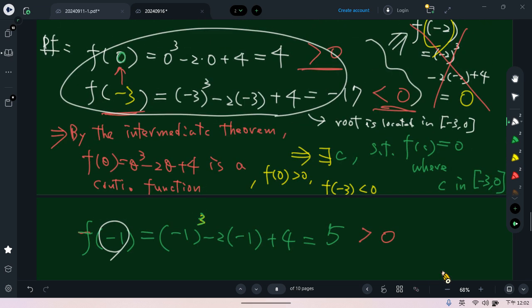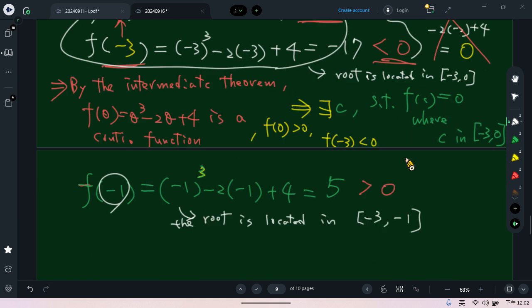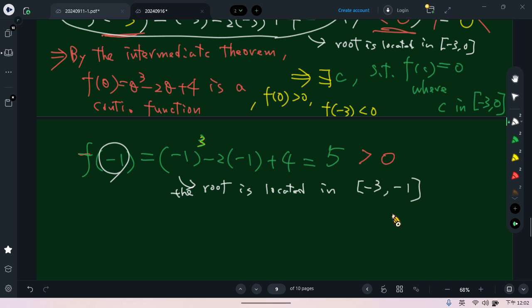So after this, I can conclude the root is located in -3 to -1, right? This is positive, this is negative. So suppose it will be between here.